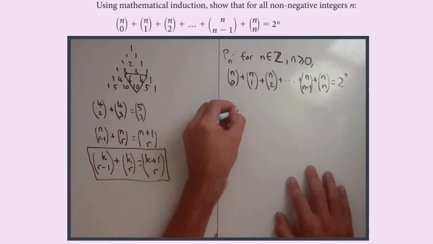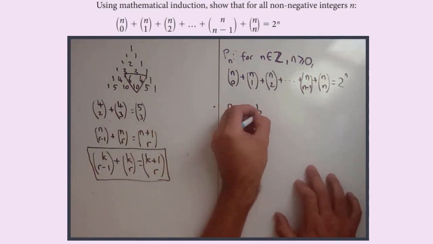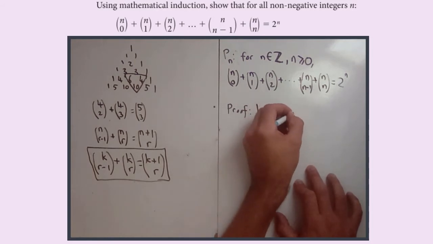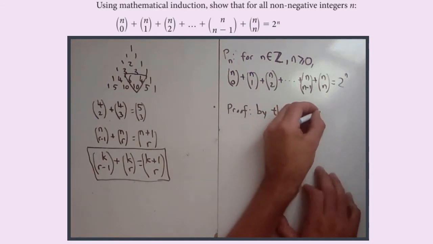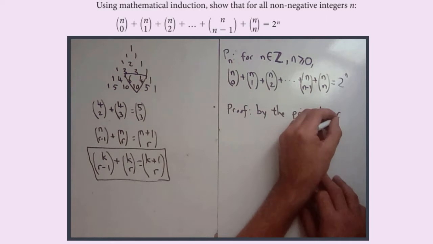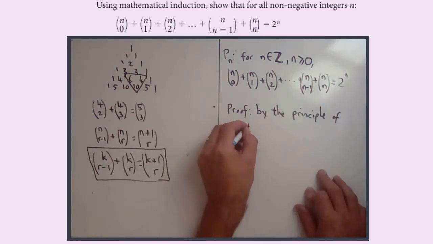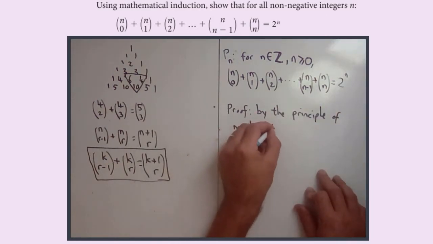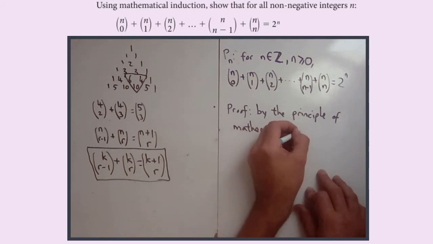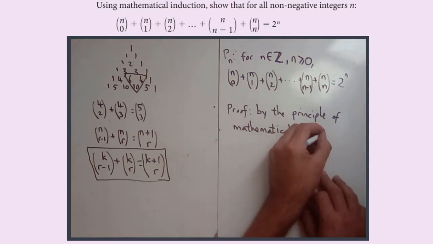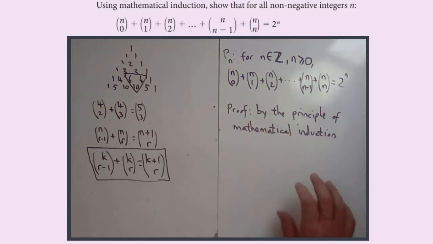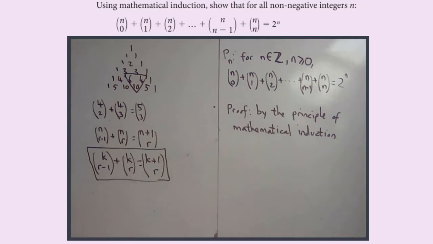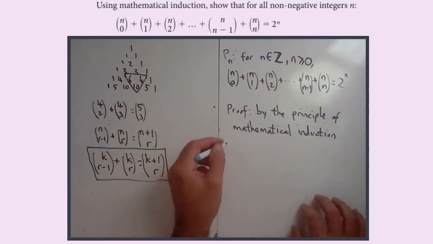So proof by the principle of mathematical induction. We will do the basis step on here, and then we will move on to the rest. The basis step, remember it says n needs to be a non-negative integer, so a basis step can be when n equals 0.